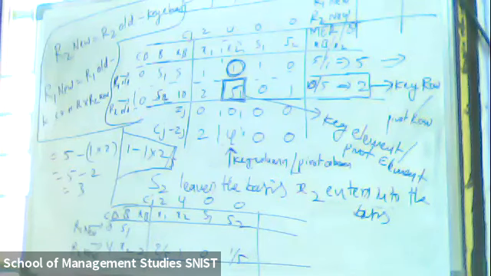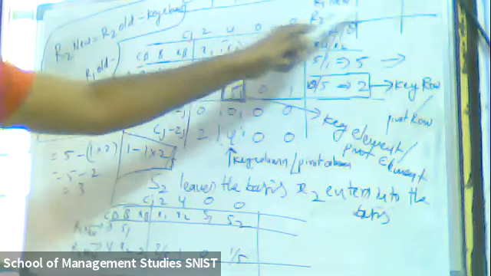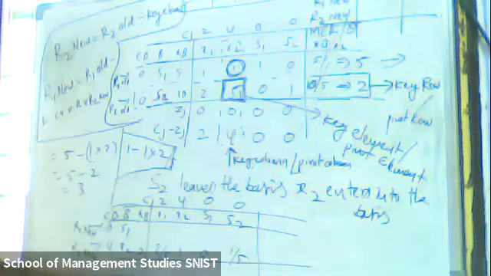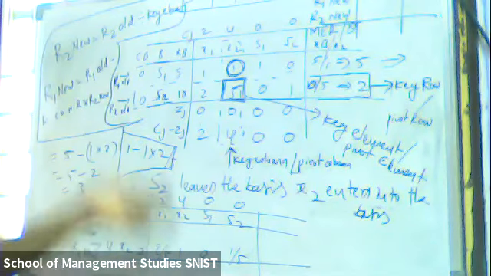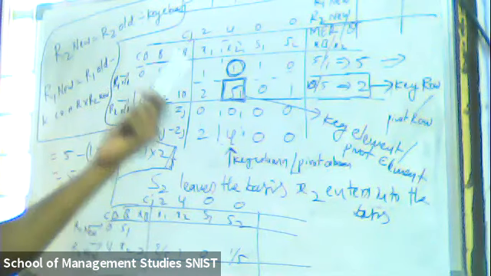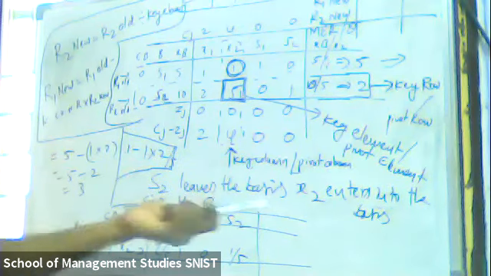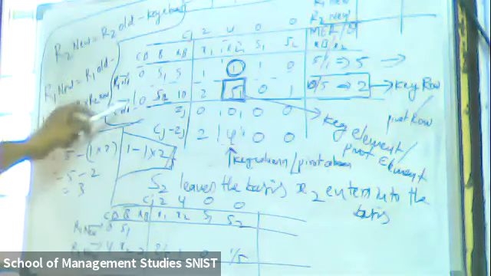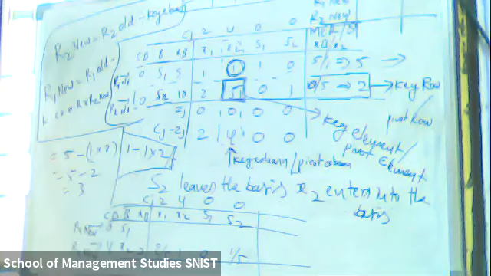Let me help you. R2 new equals R2 old minus the key column value of that corresponding row into R1 new. Suppose you have R1, R2, R3, it is the same procedure. If you understand this, the new table becomes easy. Then we repeat the same procedure till we get Cj minus Zj values that are not positive.